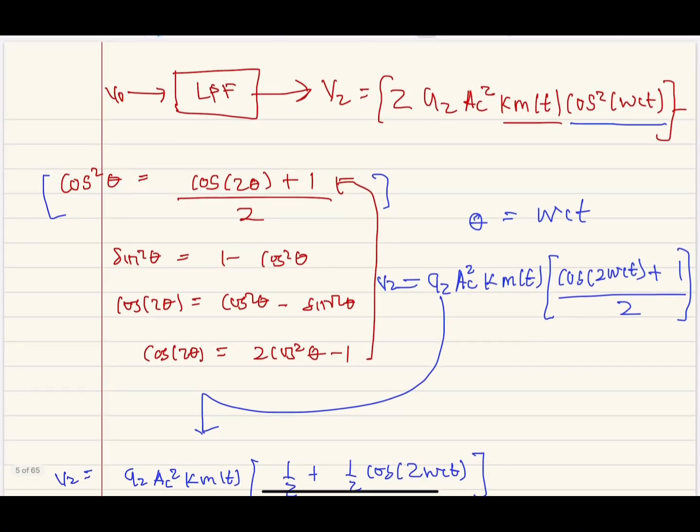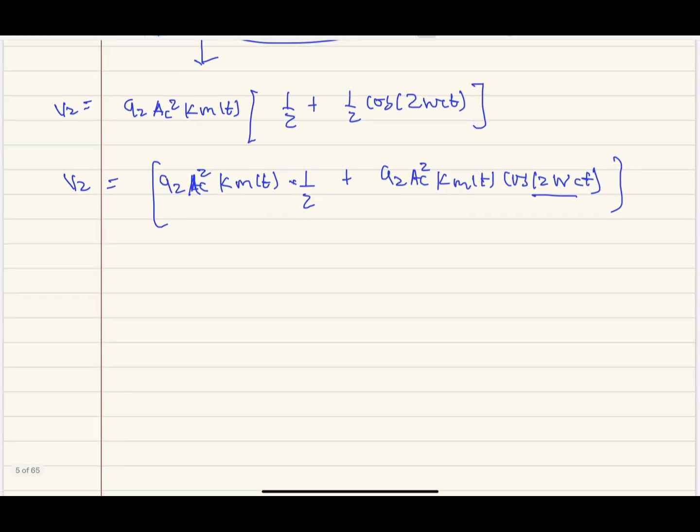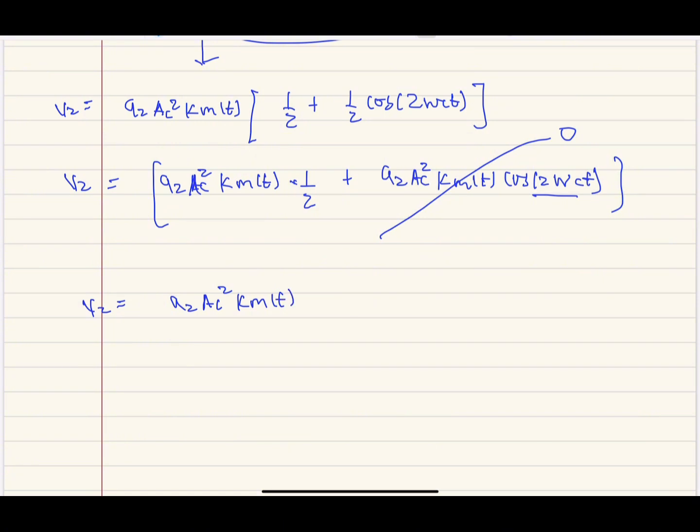Thereby, when we pass it through the low pass filter, it will attenuate it. So this one also goes to 0. And therefore, our final result, V2, is going to be A2 AC squared K m of t all over 2, where A2 AC squared over 2 is a constant, and m of t is our message signal.